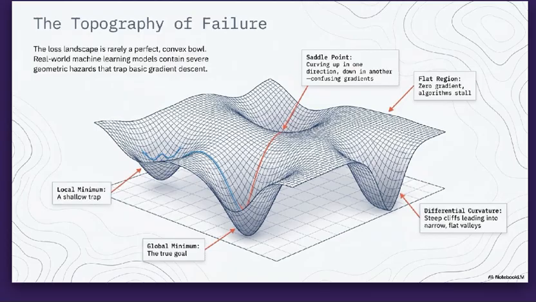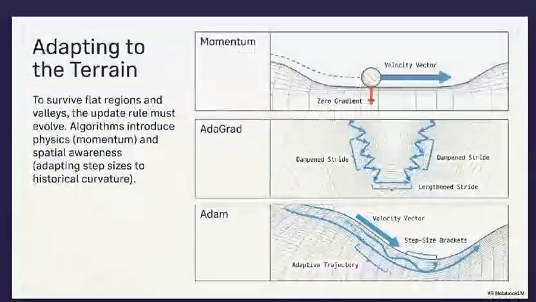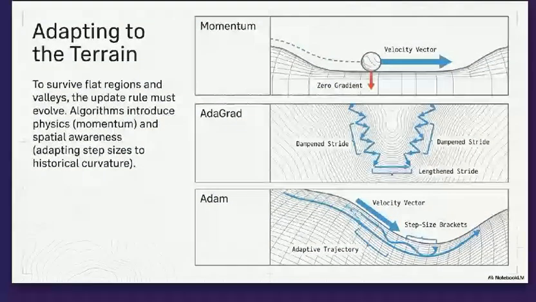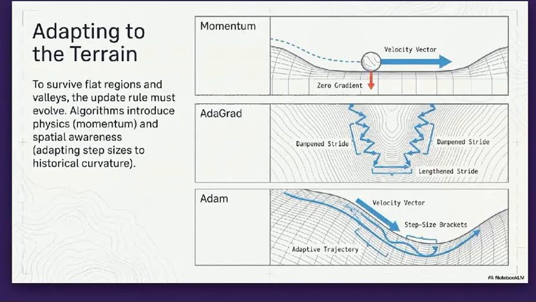So let's drop our digital explorer onto the side of the steep cliff wall. It calculates the gradient. The gradient screams, the steepest way down is perpendicular to the wall. Jump off the cliff. Exactly. So the algorithm takes a massive step based on that huge gradient. But because the valley floor is incredibly narrow, that massive step doesn't just take it to the bottom. It shoots the algorithm completely across the valley floor, overshooting the minimum, and it slams into the cliff wall on the opposite side.